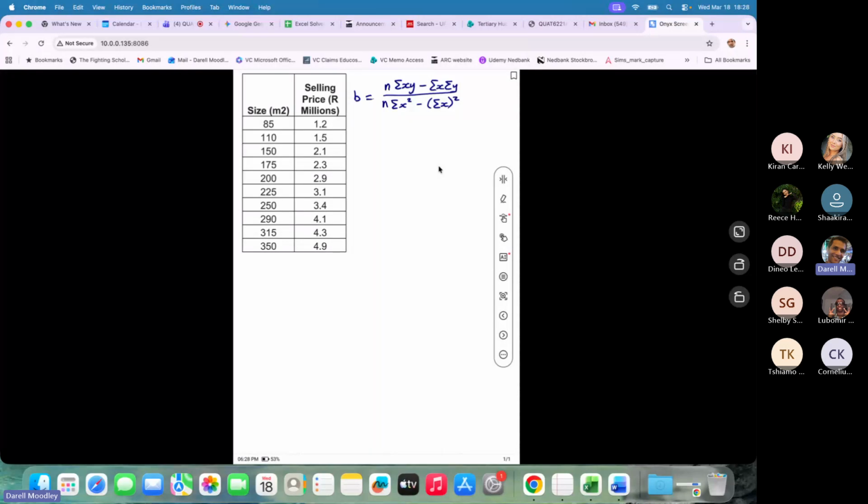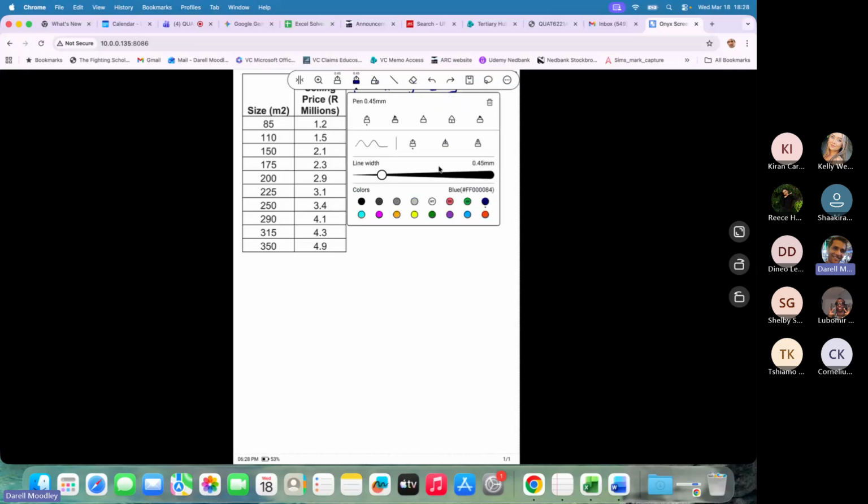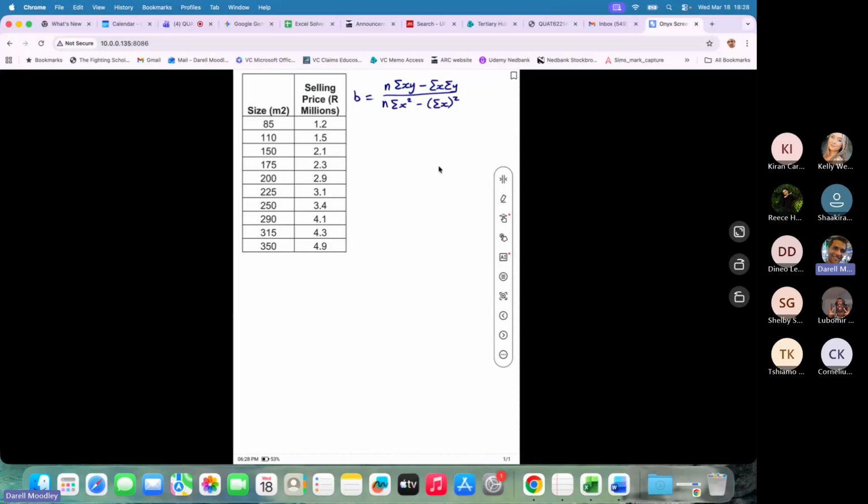I know it's a lot of stuff in this equation, but your calculator will do a lot of the work for you. Let me draw your attention to the first term, the n. You can either use your calculator to determine it, or just count the number of rows in your table. If you count the rows in your table, you'll see there's just 10 rows. So that's your n.